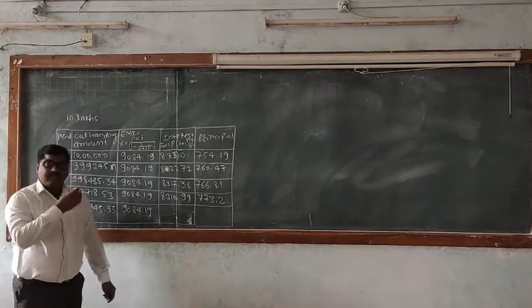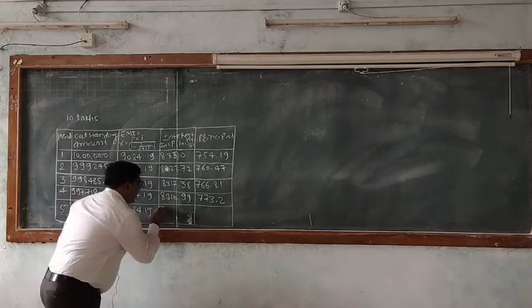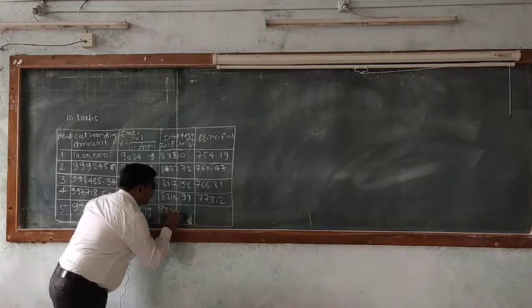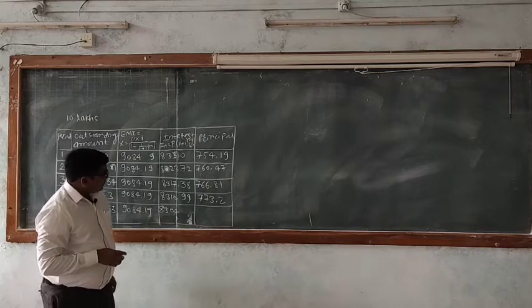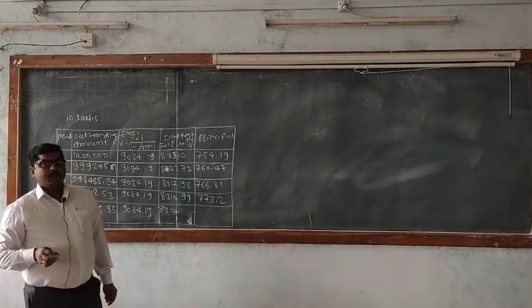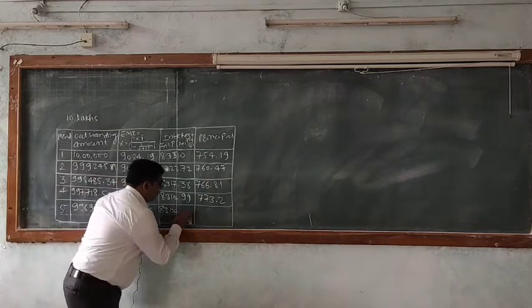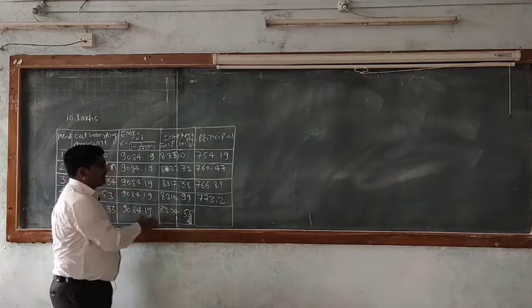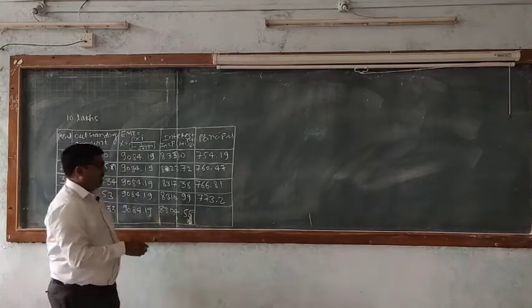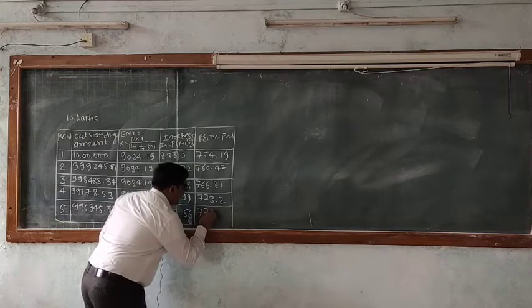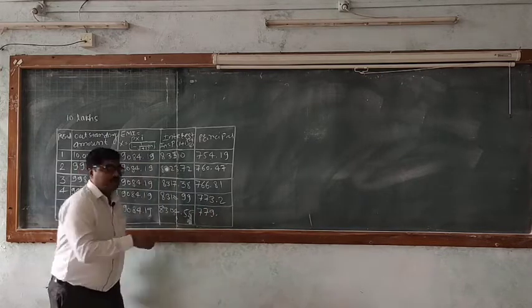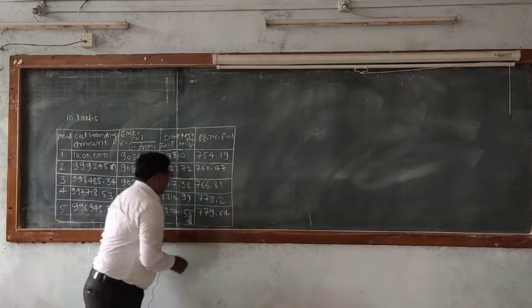Then by using the same formula, 8,304.55. Again, if we take the subtraction, then 779.64. So this is the table.